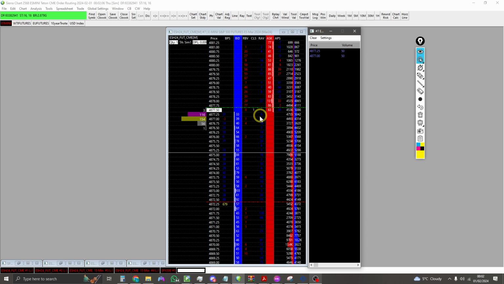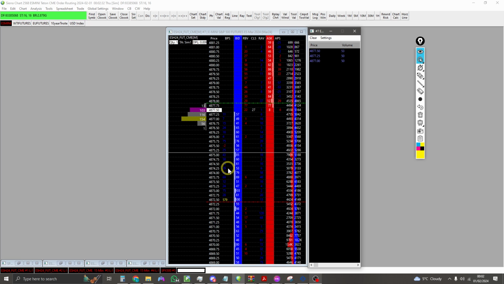And what we have on the left here for the BPS is the bid pull and stack, and the ask pull and stack. Essentially what this is doing is showing a difference from the resting orders as to how these have changed.